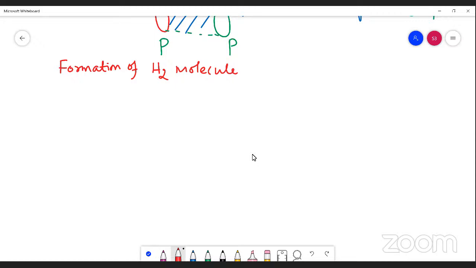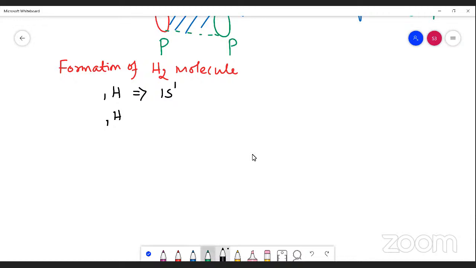How is the hydrogen molecule formed? We know that for a hydrogen molecule we have to take two hydrogen atoms. Each hydrogen atom contains how many electrons? Only one electron. Now I will write the atomic orbital of hydrogen, consisting of 1s1.